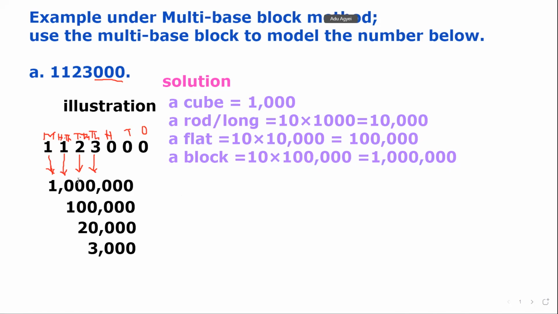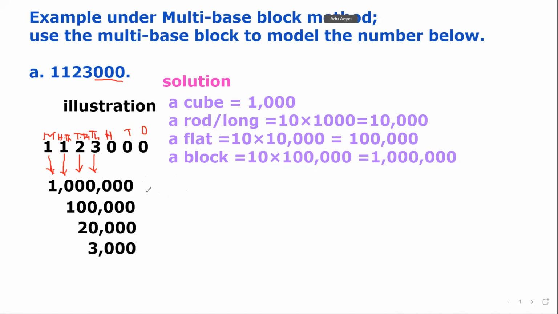Once we have written the values of the numbers, let's apportion or choose a key for the numbers. The first number here is 1 million, which shows that we have no other option but to choose a block to represent that.